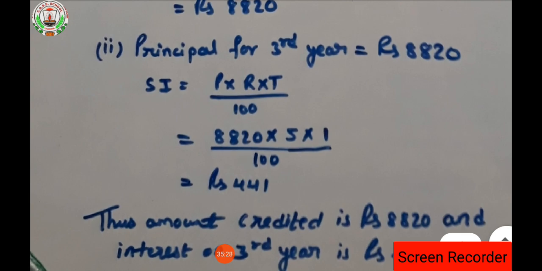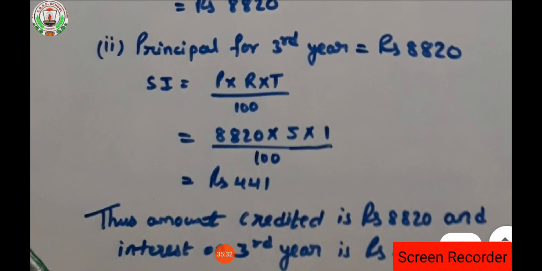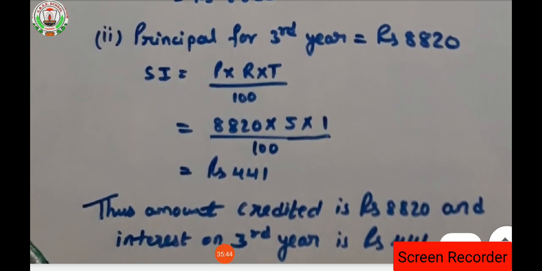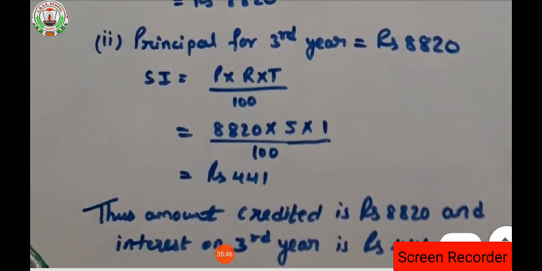R will remain the same, that is 5%, and time is 1 year, because from second year to third year it is 1 only. So solving P into R into T upon 100, that is 8,820 into 5 into 1 upon 100. Solving the number, what will we get? SI, that is rupees 441.